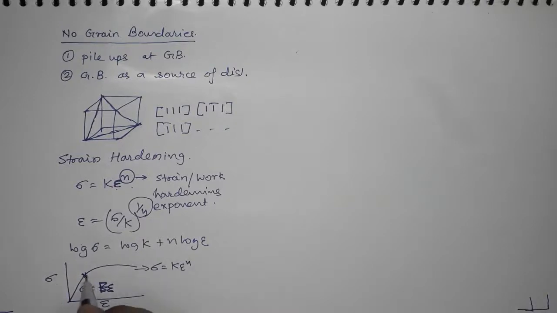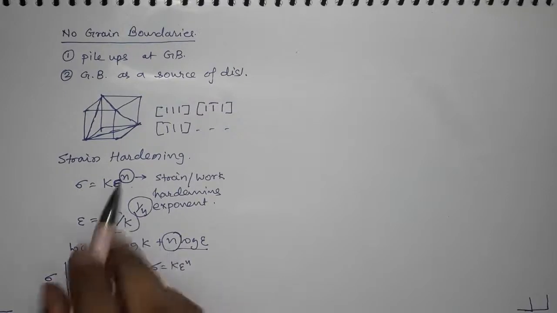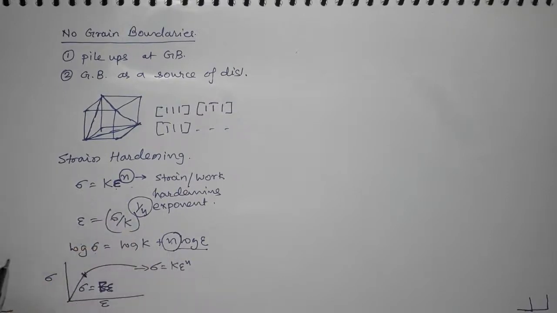And if you plot this non-linear part in a log plot, then it will become a straight line, and the slope of that straight line, which will describe the rate of change of logarithm of stress versus logarithm of strain, will be the hardening exponent, and that will be this n parameter. Okay, so all this information we already have.